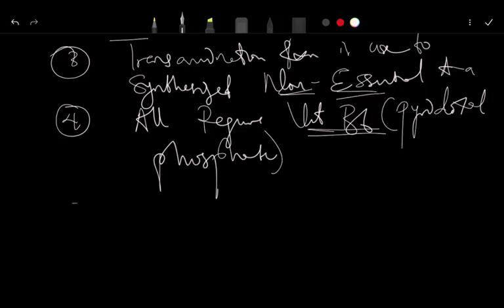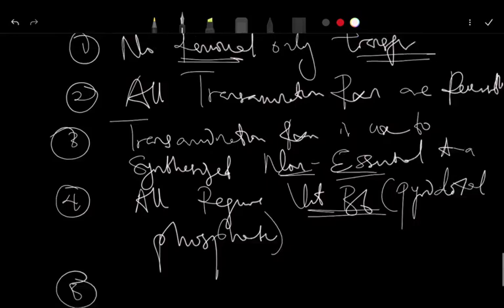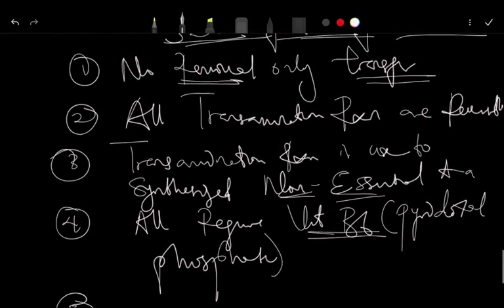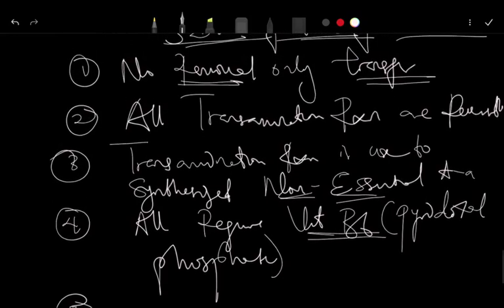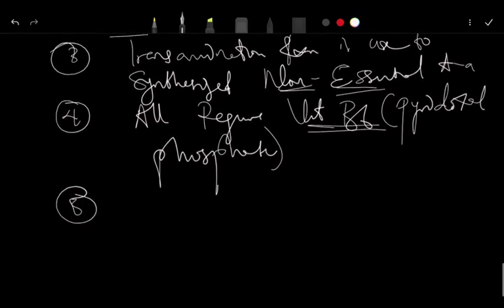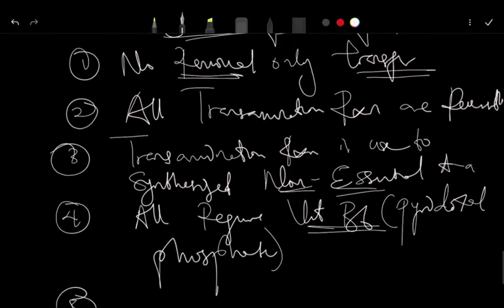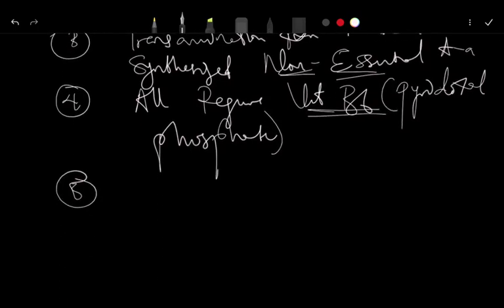Then number five, there are certain amino acids that do not undergo transamination reaction.